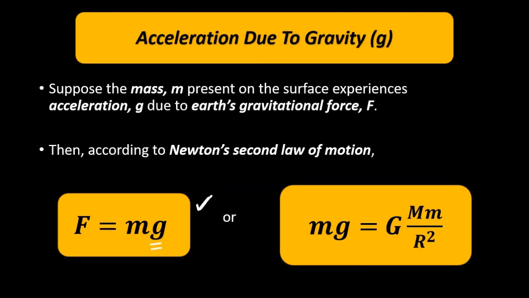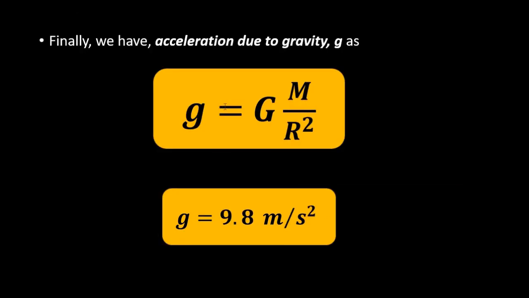We get mg is equal to G capital M small m by R square. Small m will get cancelled, so we have acceleration due to gravity small g is equal to capital G capital M by capital R square. This is the expression of acceleration due to gravity on or near the Earth's surface.